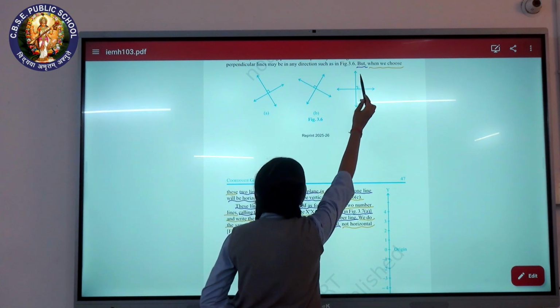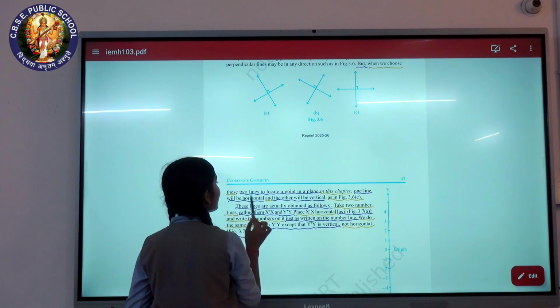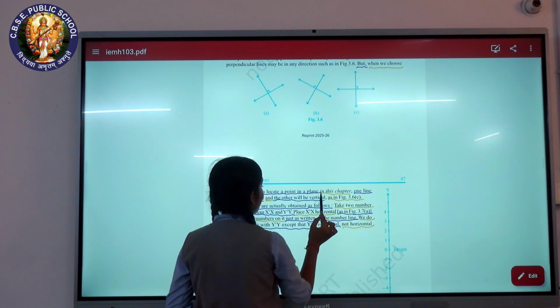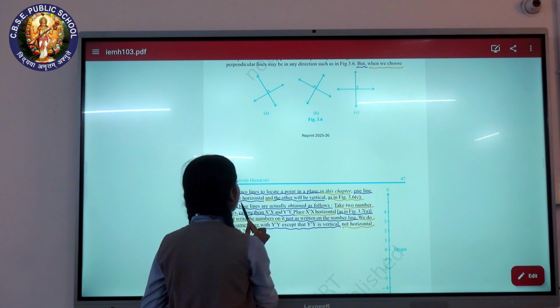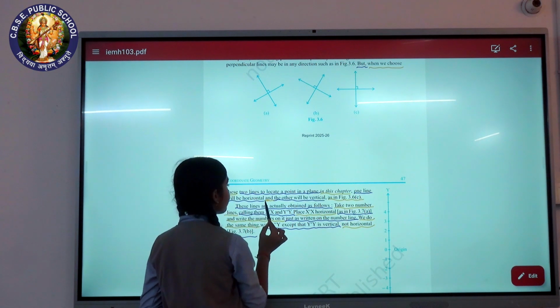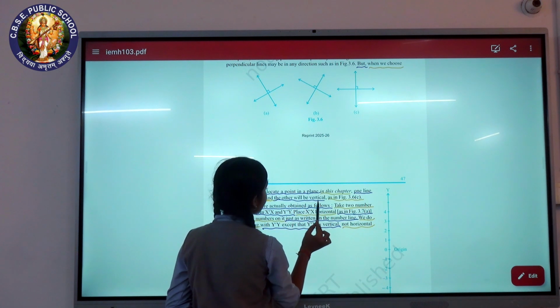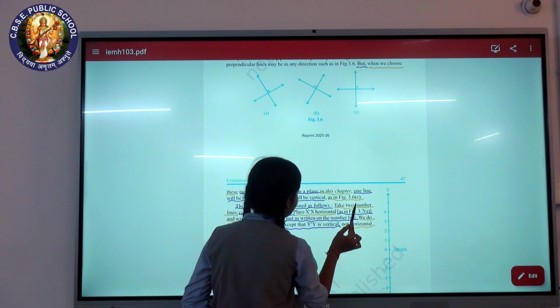But when we choose these two lines to locate a point in a plane, in this chapter, one line will be horizontal and the other will be vertical, as in figure 3.6.